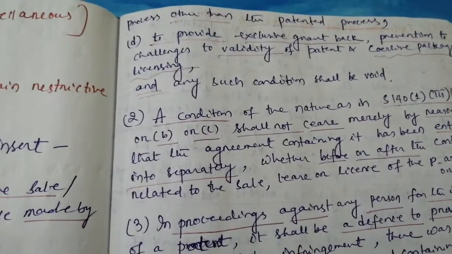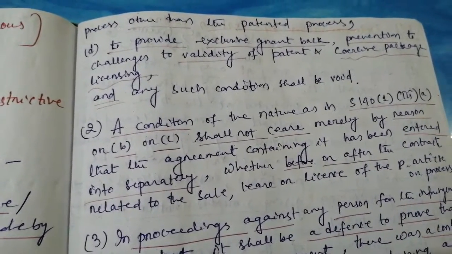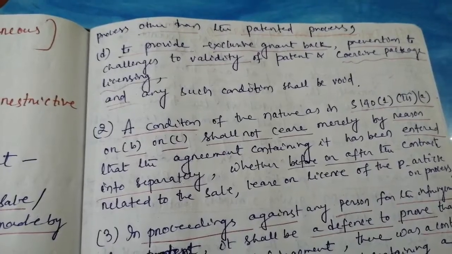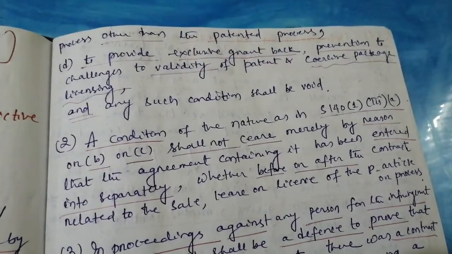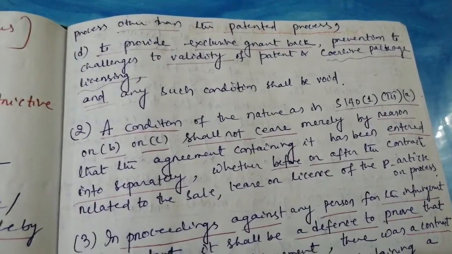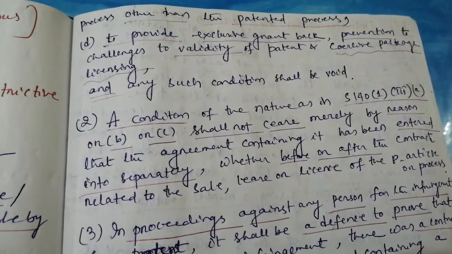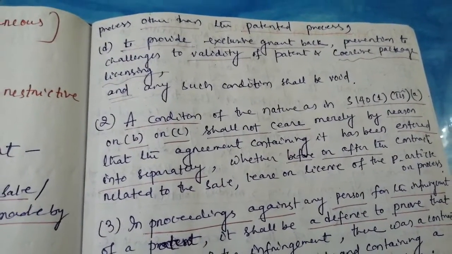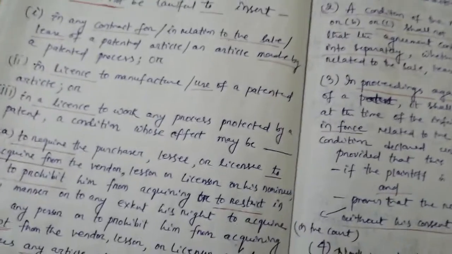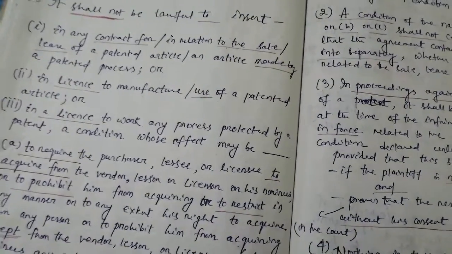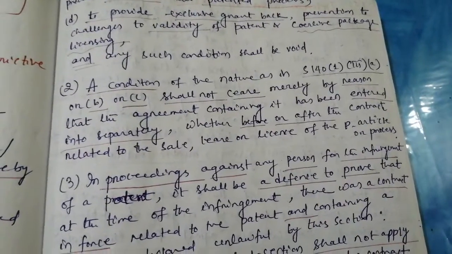D, to provide exclusive grant back, prevention to challenges to validity of patent and coercive package licensing, and any such condition shall be void. Please observe the underlined words and get it clear. Fine.